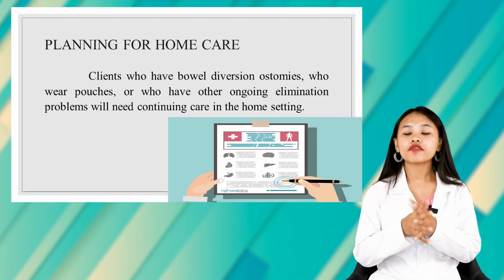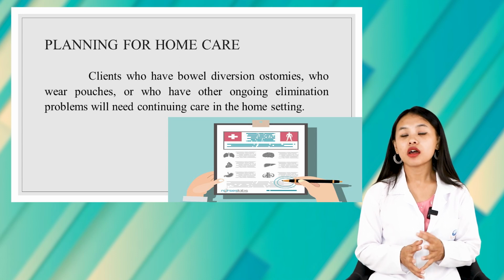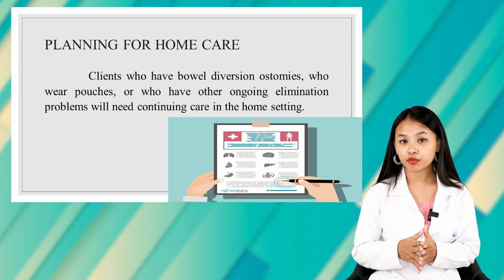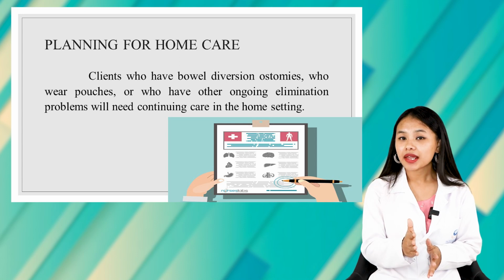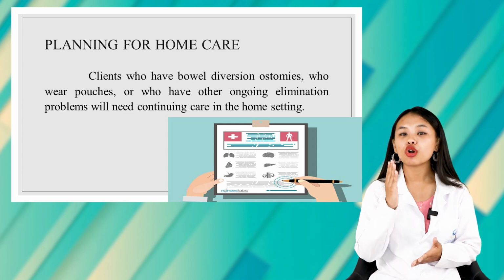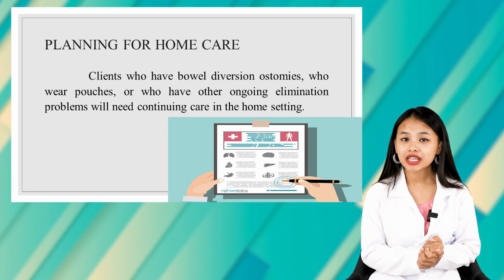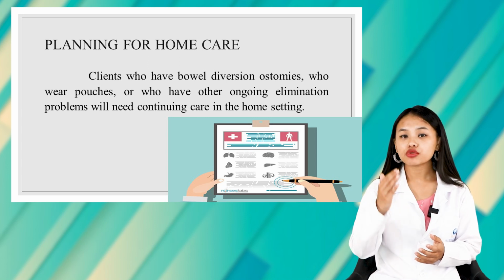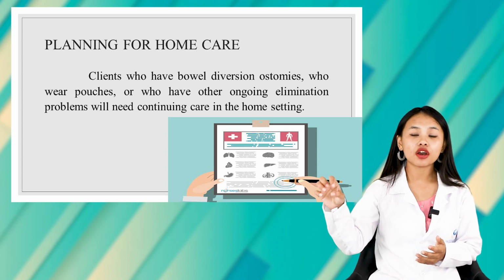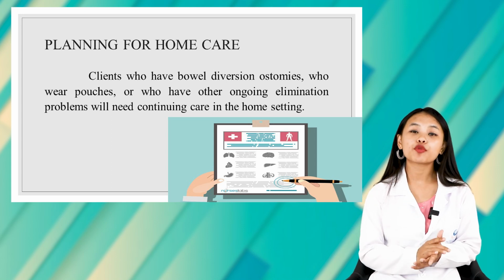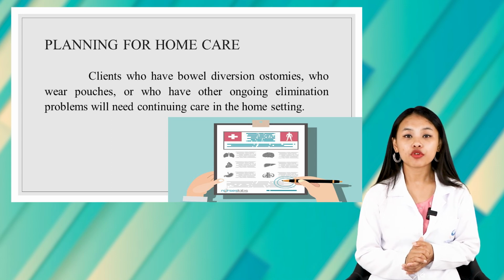For clients who have a bowel diversion ostomy or who wear pouches, or for those who have an ongoing elimination problem, the plan must be made according to the condition of the patient so that even in their home setting appropriate care can be provided. Here comes the major responsibility of a nurse.